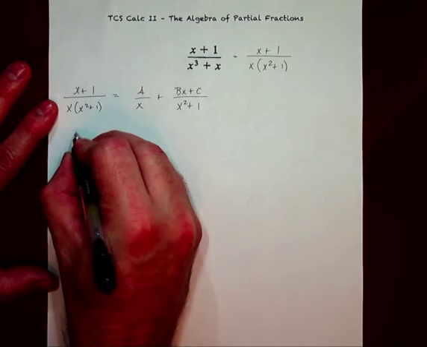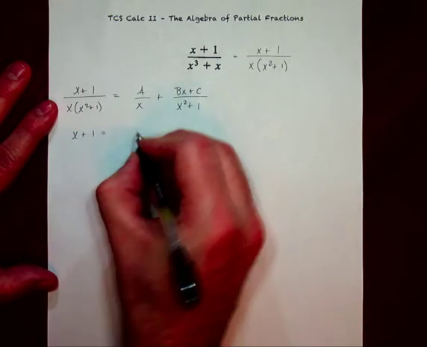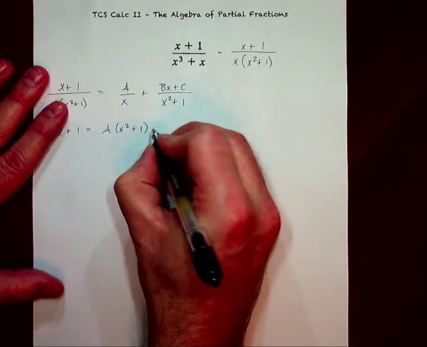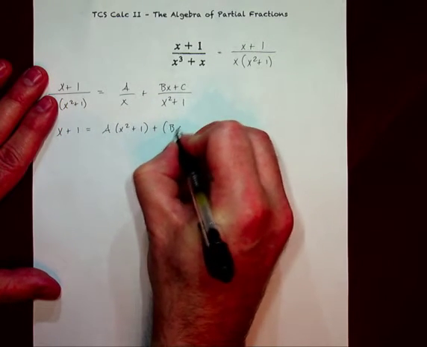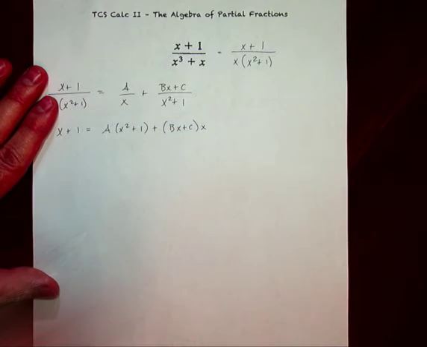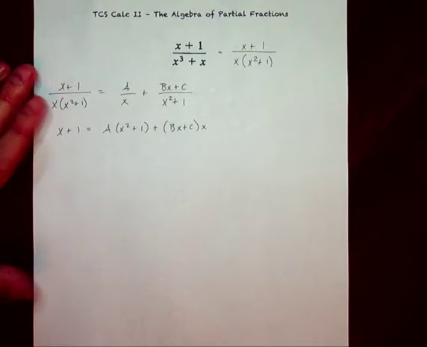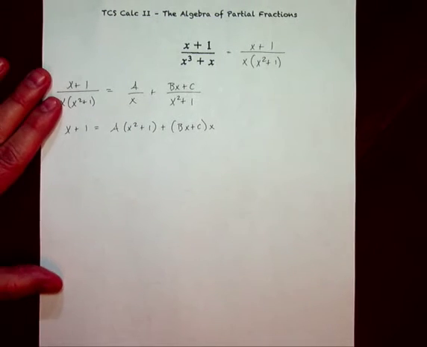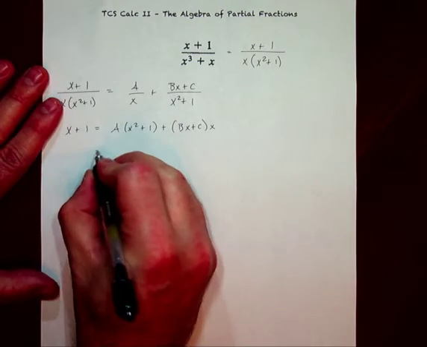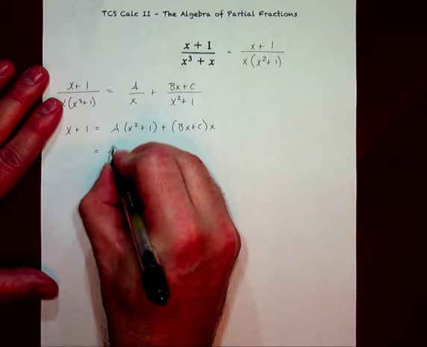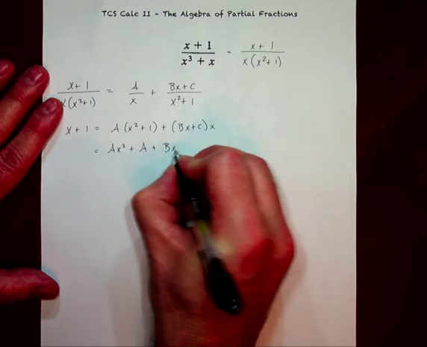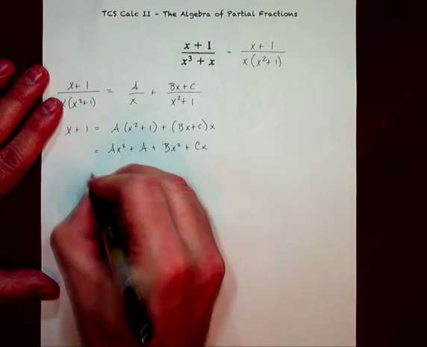Now, let's go ahead and multiply both sides by the common denominator. Oh, whoops. And I get bx plus c times x. Now, I could go ahead and use x is equal to 0 for my convenient value, but since we've done coefficient comparison in the past and it's been kind of neat and this is a relatively easy problem, let's go ahead and do that.